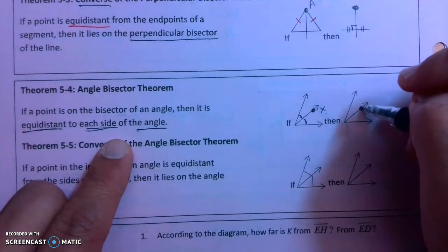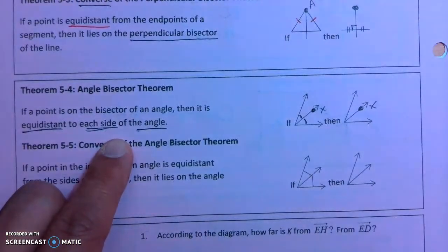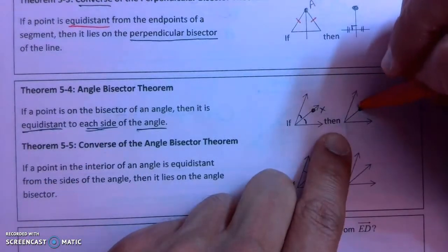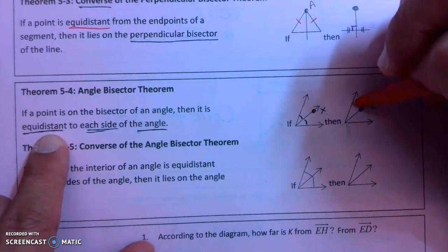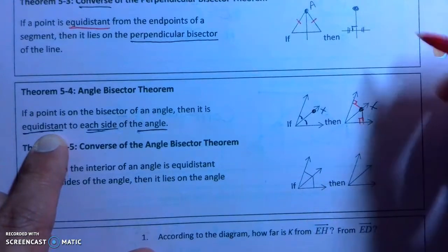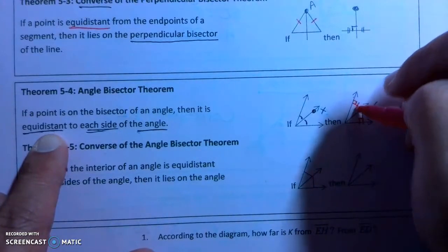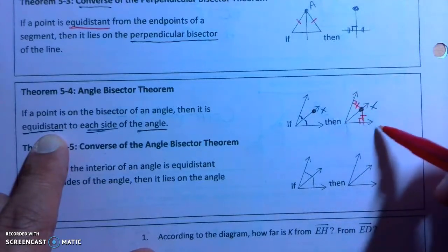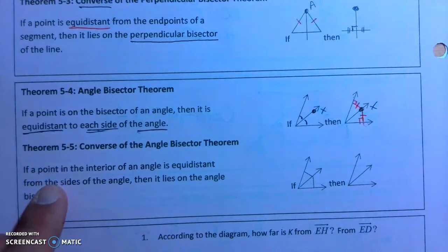So point X here would be the same distance to the sides, the top side here and the bottom side of the angle. So I'm going to draw a line. Now when we use the word distance, we're talking about this 90 degree shortest distance. That guy there and this guy here are going to be the same. So I'll put a tick here and a tick here. They are equidistant to the sides of the angle.